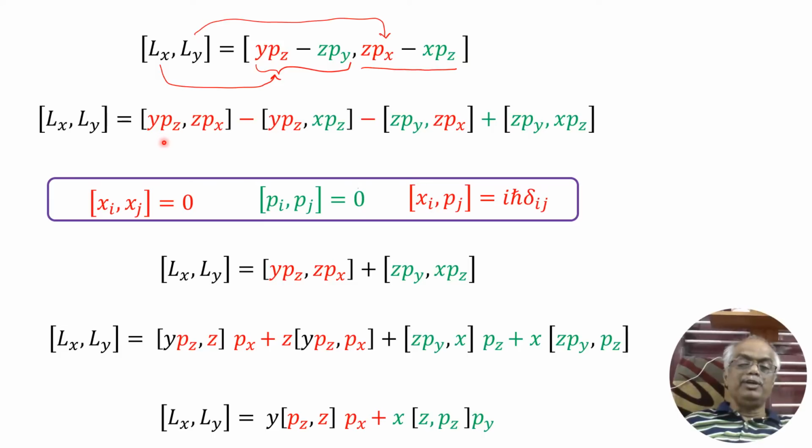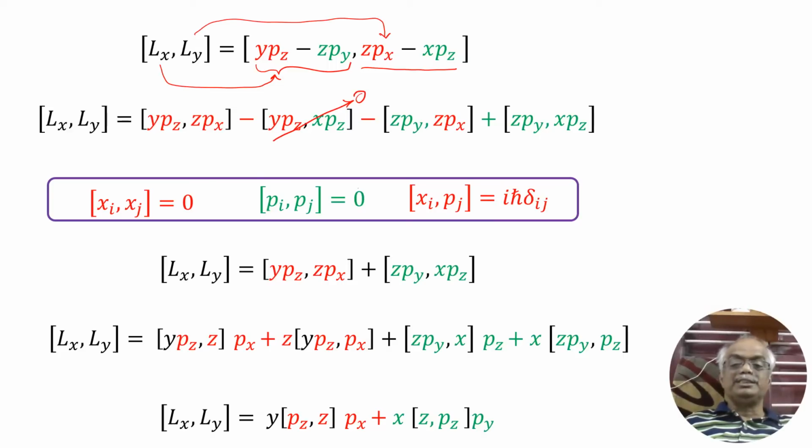You verify the first term. See, here you have pz component and here you have z. So this will not commute, so you take this as it is. What about this? You have pz, and position and momentum along the z direction. There is no z component, so this will commute with each other, so this will be 0.